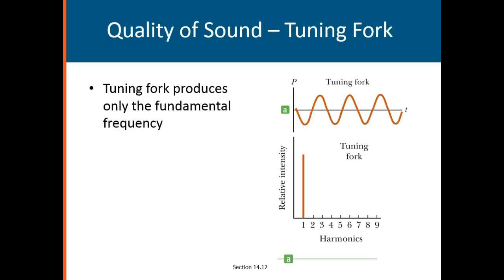So if this is your tuning fork, a basic frequency fits very well. To me, this slide is a little on the wacko side, because this is an A and that's an A. What in the world are we talking about here? Relative intensity would be 1, okay?